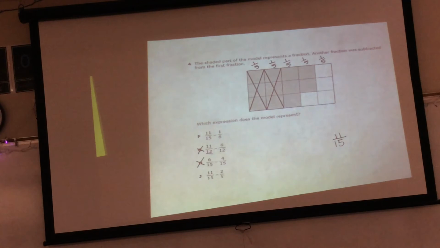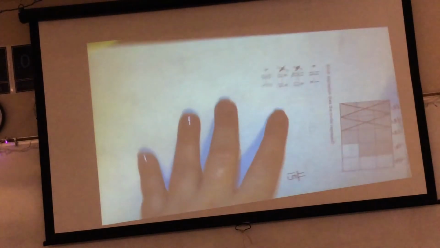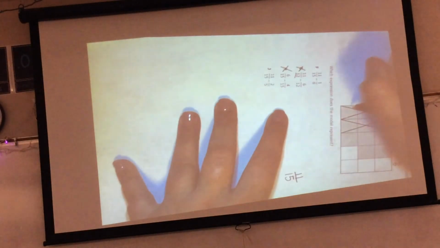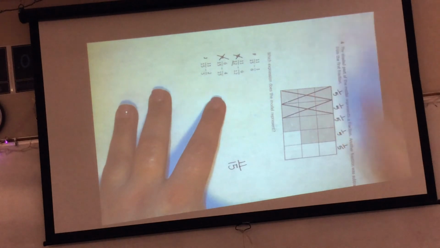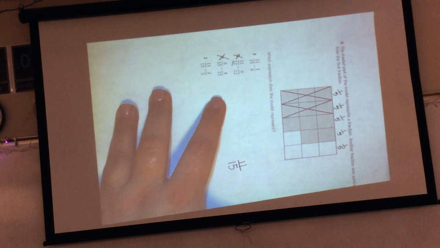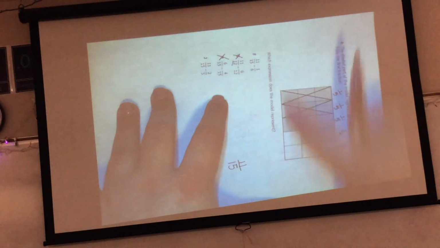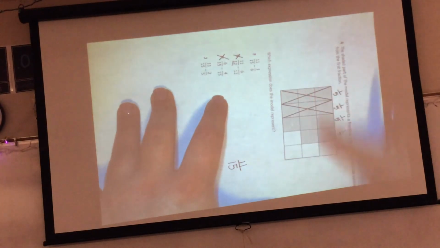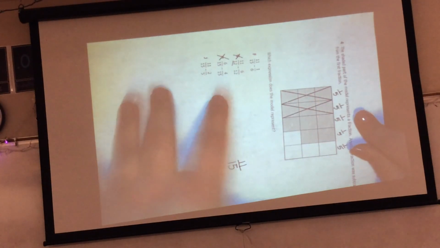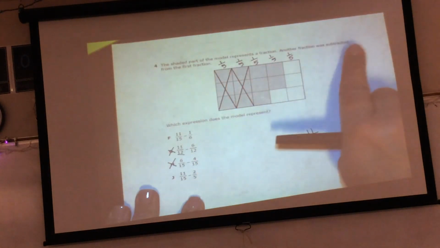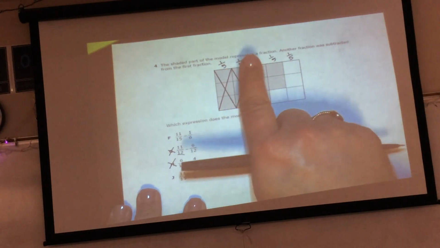How many fifths are crossed out? If they were crossed out long ways, there would be 3 rows, so I would have thirds. But they are crossed out going this way: 1 column, 2 columns, so 2/5.